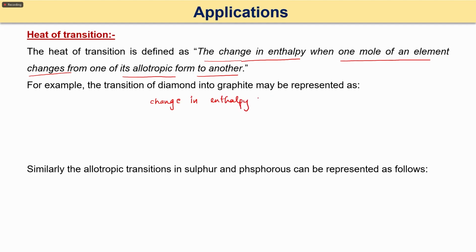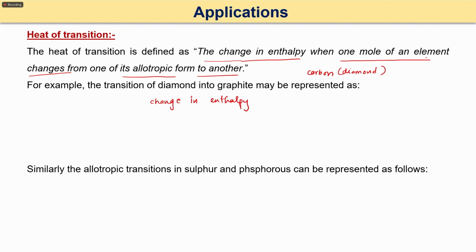Let us say you are taking an element, carbon, and it is in its diamond form. Now if your carbon which is in diamond form is getting converted into carbon in graphite form, what is happening?